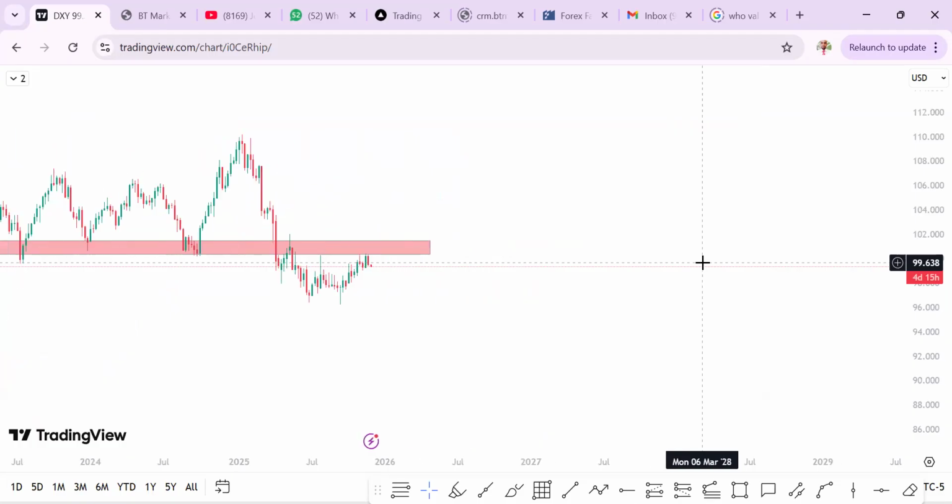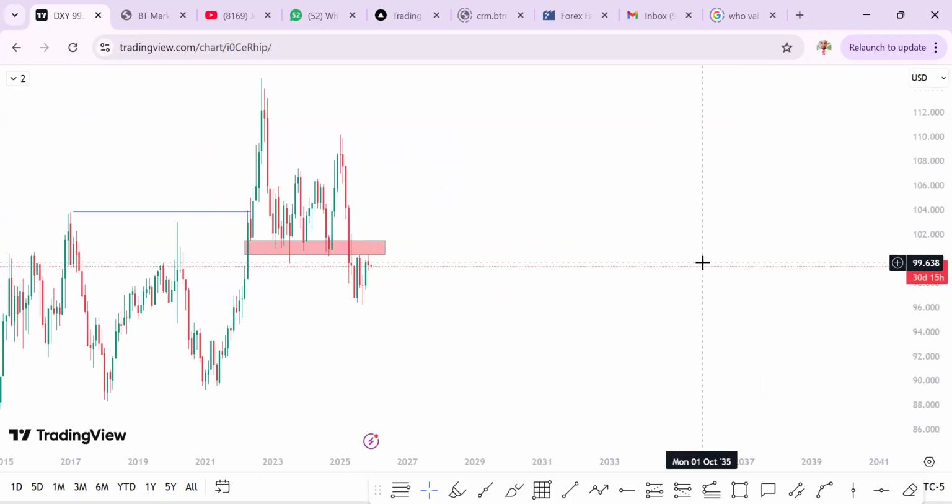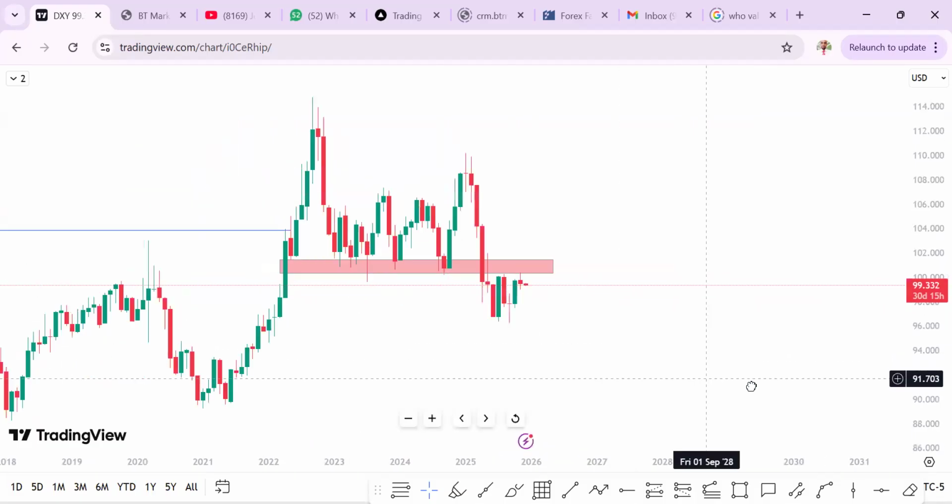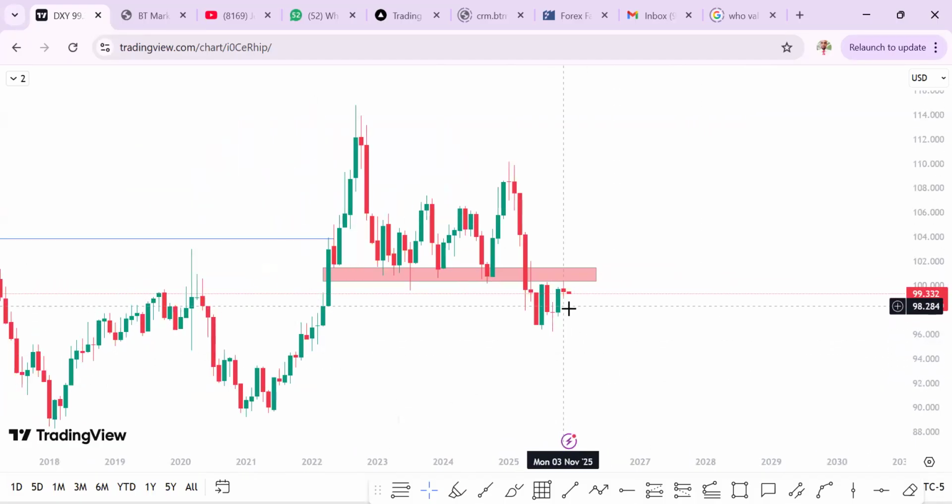On monthly, we are slightly bearish based on individual candle formation, right? Last month, now look at what happened. This was October, we closed bullish. Then November came, we swept the October high, then we closed bearish.